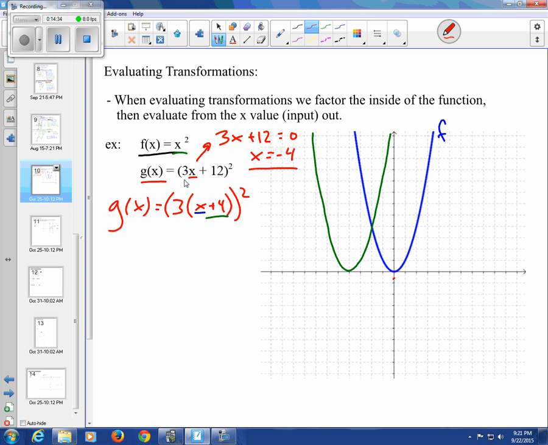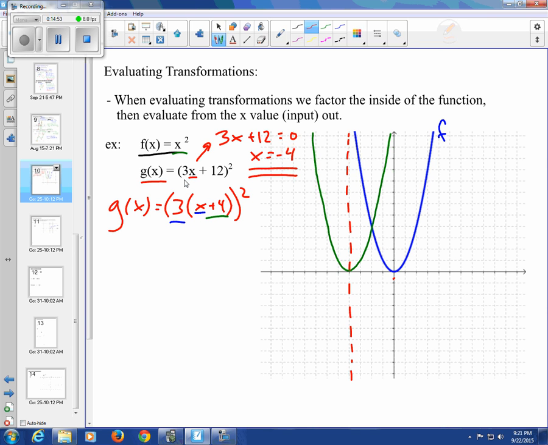But what I want to think now is negative 4 is where the function thinks the origin is. So when I evaluate this horizontal shrink of 3, it's going to happen at x equals negative 4.